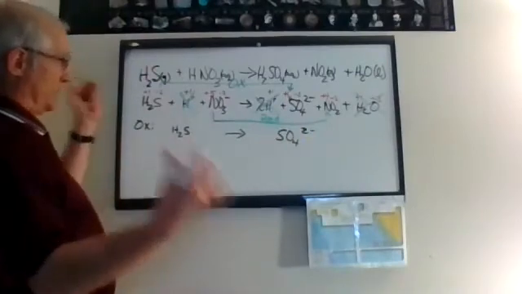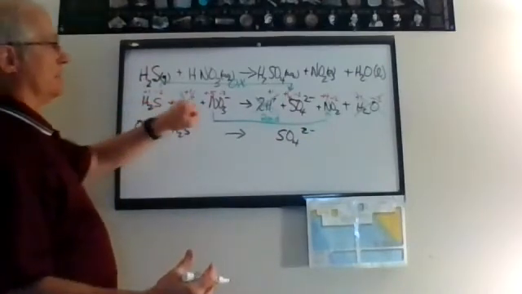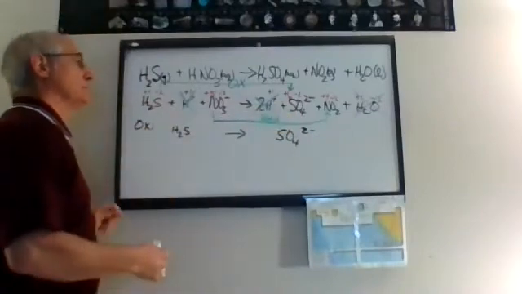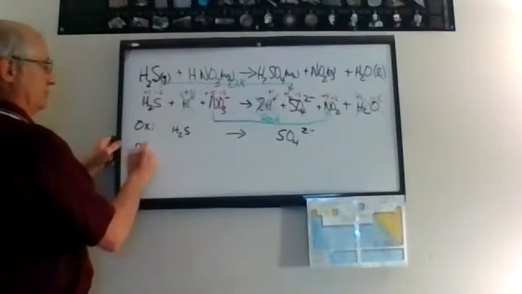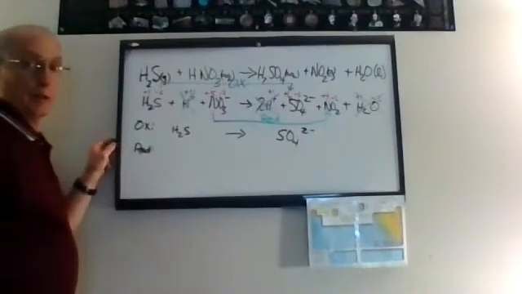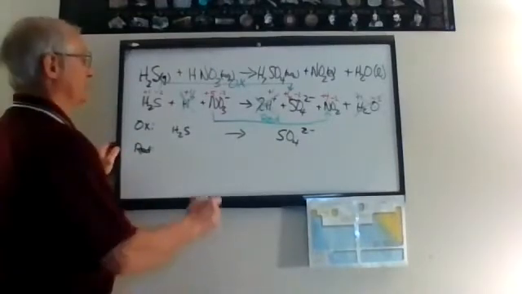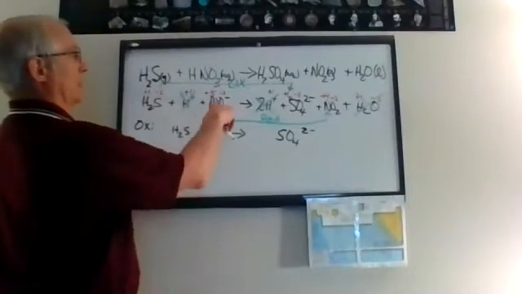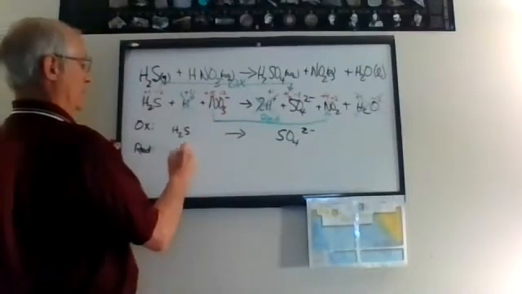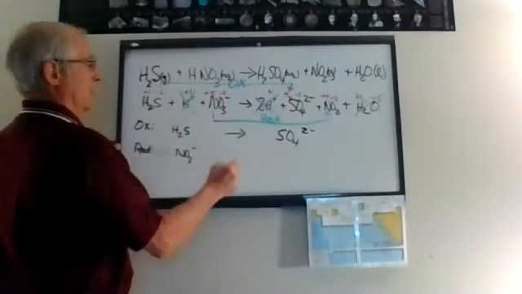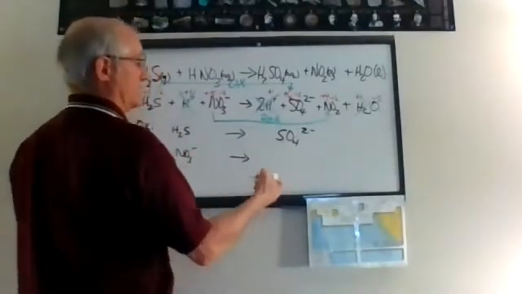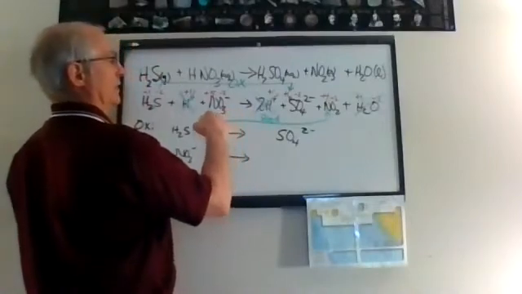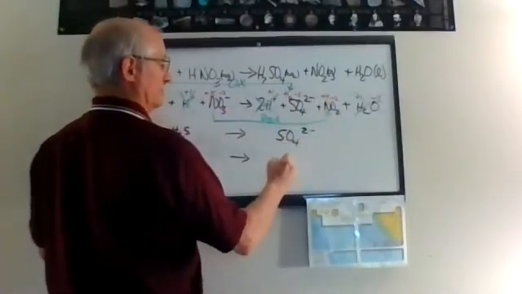When in fact, in particular, the sulfur atom is being oxidized. Okay, and then what's the reduction? The reduction reaction is NO3, -1. Big arrow there, and then leave space here and leave space over there because you got to add stuff in, is going to become NO2.